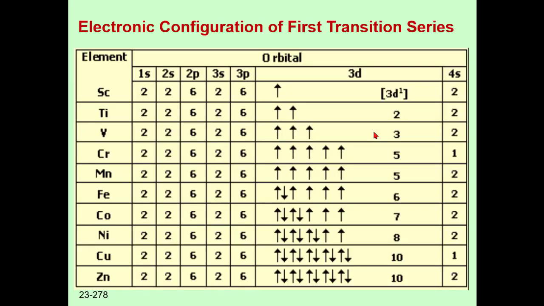So for this we have to reconsider the general electronic configuration of the first transition series, or you have to recall the electronic configuration of the first transition series, that is from scandium to zinc, and this is the ground state electronic configuration of transition elements.